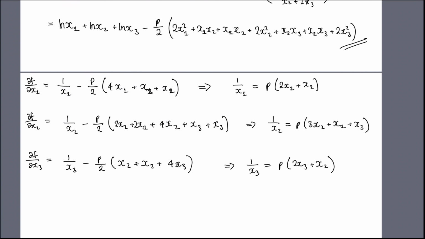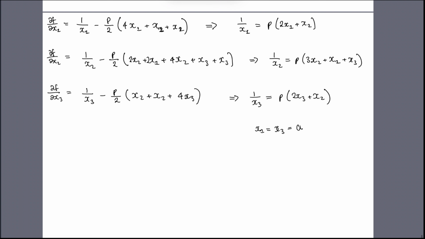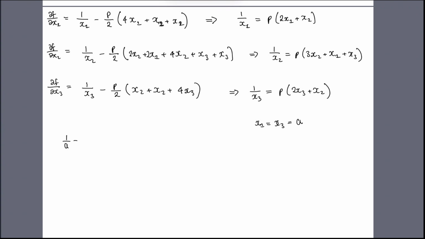So what I'm going to do is let x1 equal x3, which I will let be equal to some constant a. That is because we then get 1 over a is equal to rho brackets 2a plus x2. And I'm just going to call x2 b, so that it's quicker for me to write.